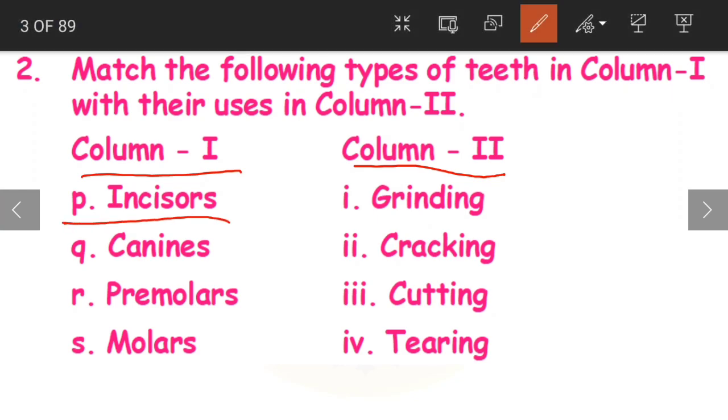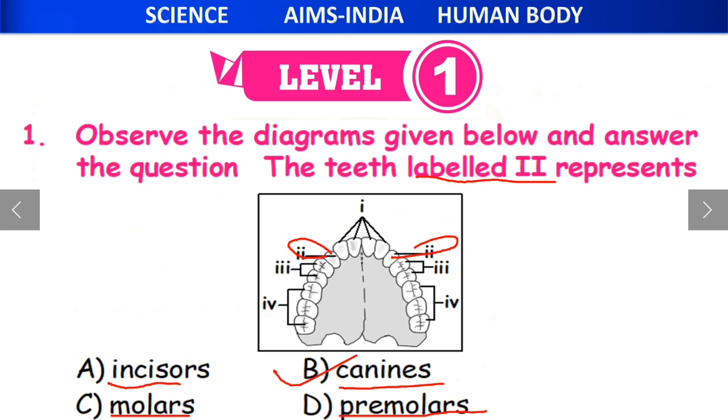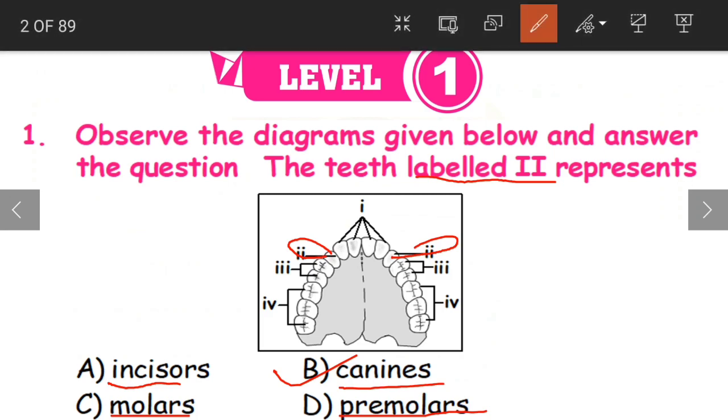These are the first 4 teeth. I'll just show you here in this picture, the first 4. This I is nothing but incisors. In the upper jaw you will be having 4, again in the lower jaw you will be having 4. So totally we will be having 8 incisor teeth. These are the first 4, children. These are incisors. I'll just write IN here.